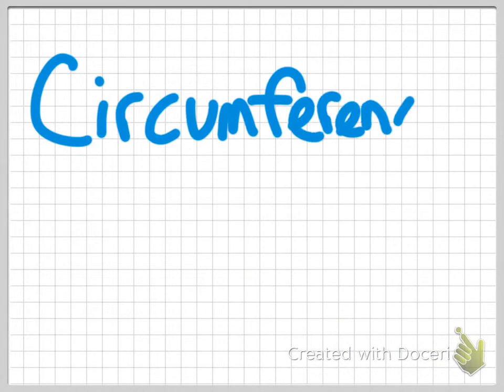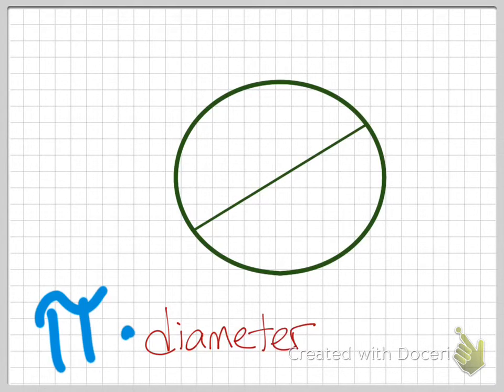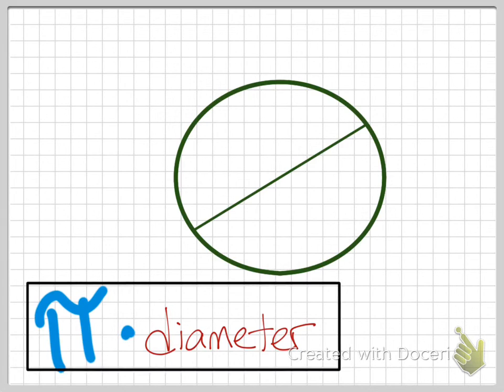When calculating the circumference of a circle, it is pi times diameter. There's no square in it. So it's just pi times diameter. Your parents were taught, probably, if you ask them if they remember, that it was 2 pi r, but 2 radiuses equal the diameter.